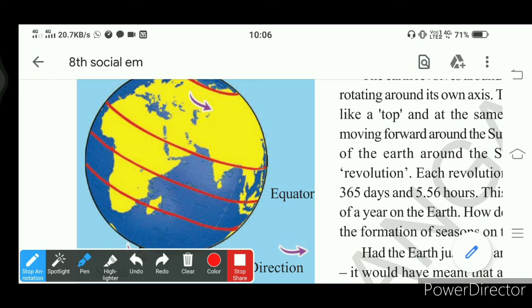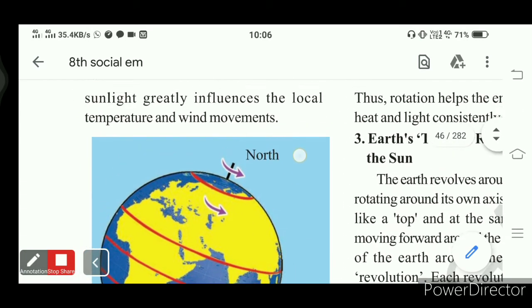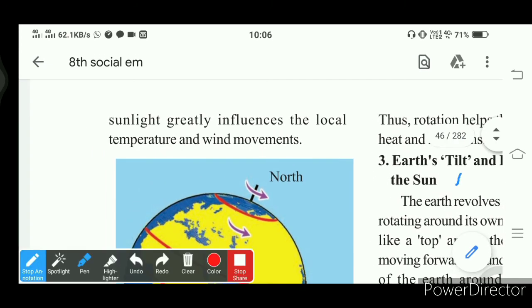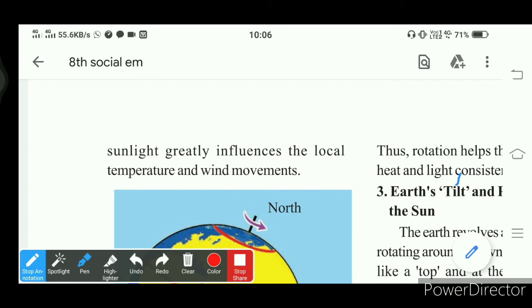For 6 months it constantly faces the sun throughout the 24 hours of the day. Look at this North Pole here. This one we see directly exposed to the sunlight.